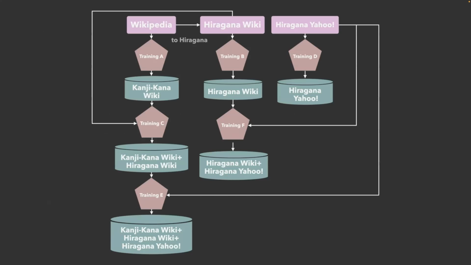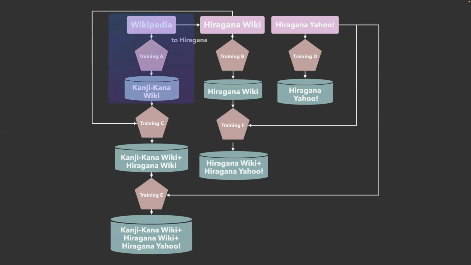This is the generative diagram of the model used in this experiment. There are models A through F for a total of 6 models. We will now explain how each model is created.